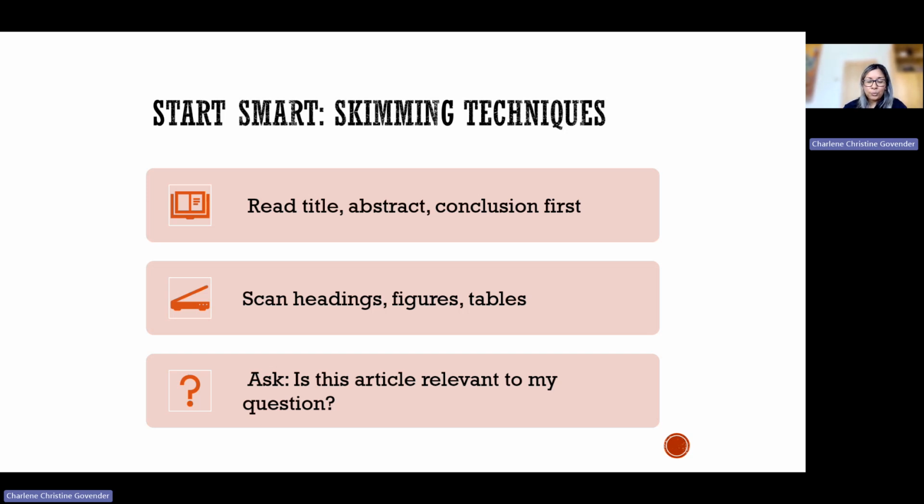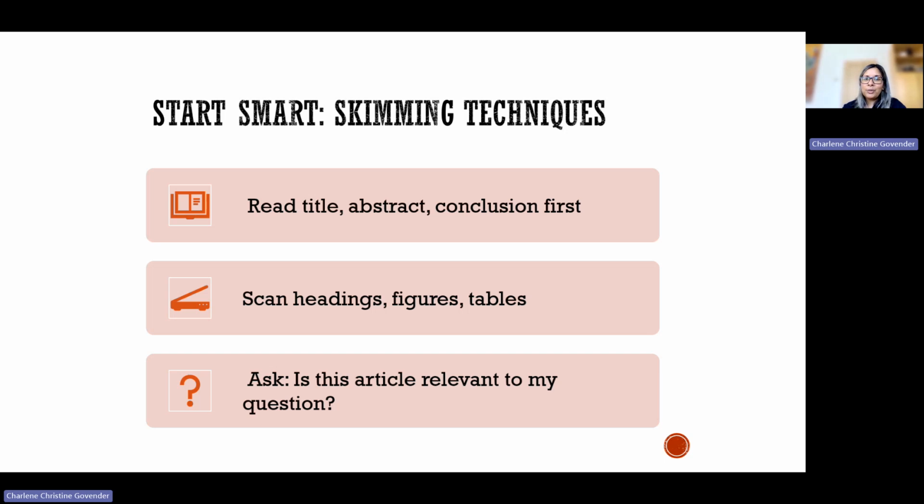If it aligns with what I'm looking for, then I will read further. Abstracts are quite helpful in helping you to decide if you will continue to read the journal in question or skip it and find one that's more aligned with what you are looking for.